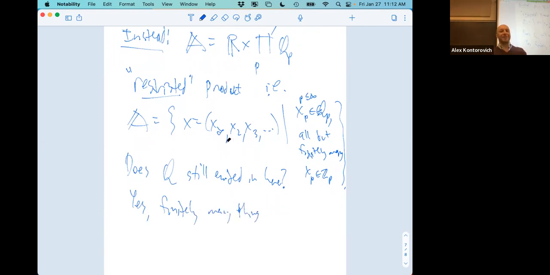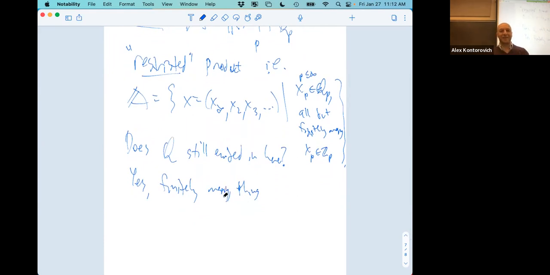The numerator doesn't hurt us. The denominator, 1 over p, has absolute value p, and only finitely many primes appear in the denominator. So all but finitely many are actually in Z_p. Okay, so Q does still embed in here.